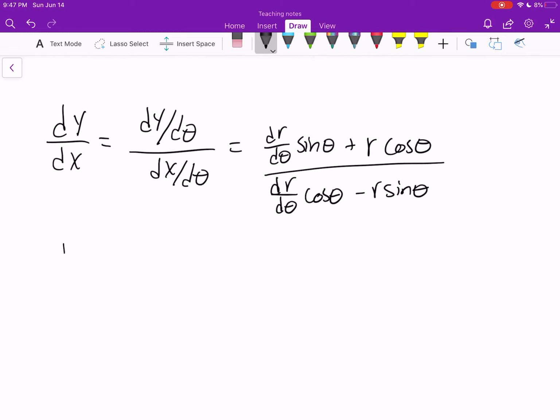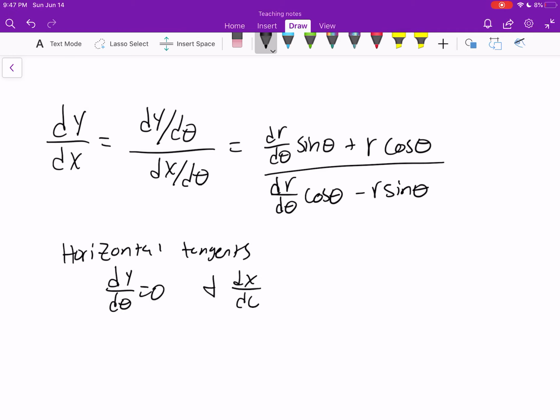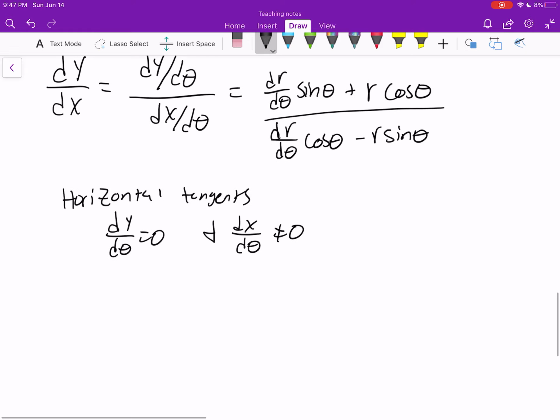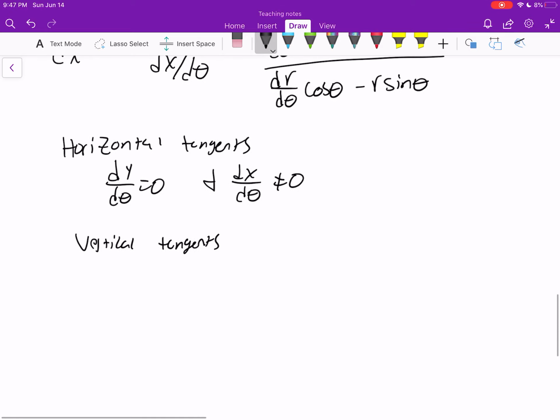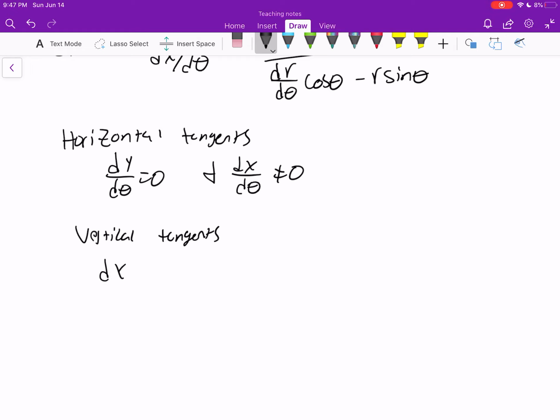To find horizontal tangents, we look where dy d theta is equal to 0 and dx d theta is not 0. And same thing for vertical tangents. We're going to have dx d theta equal to 0 and dy d theta not 0.